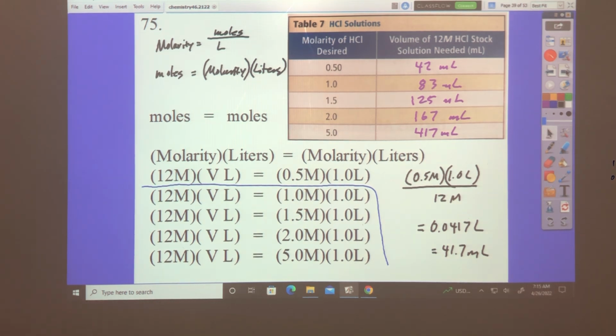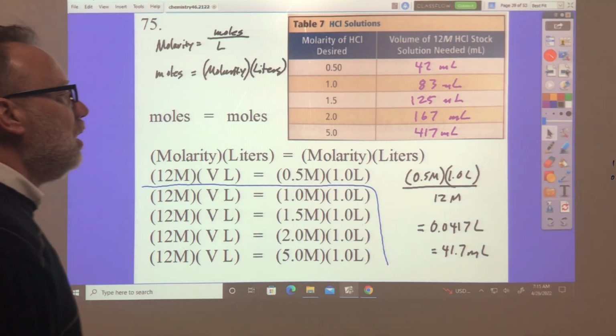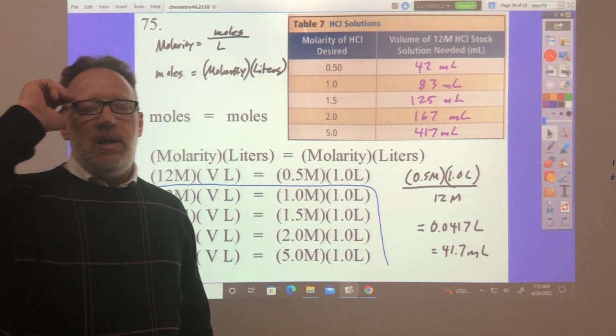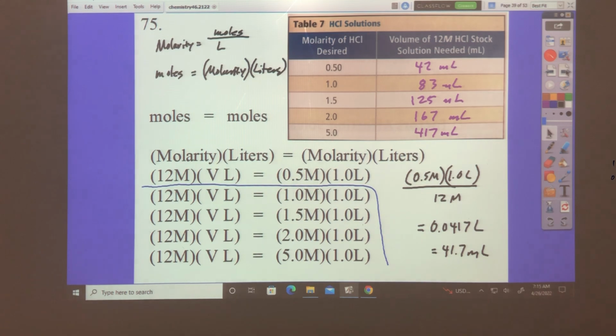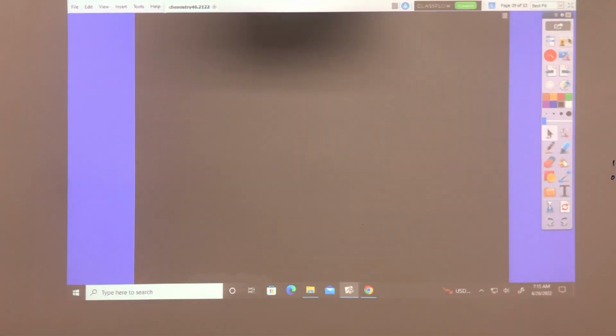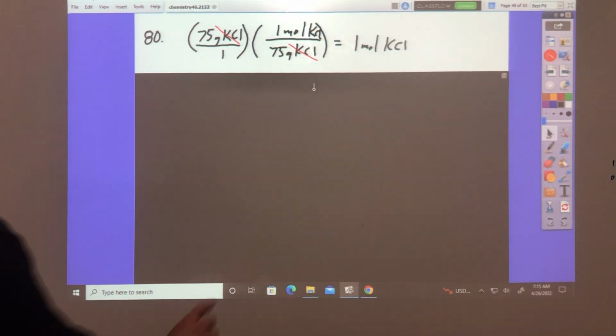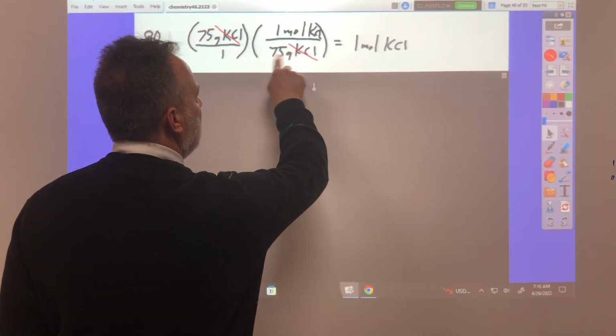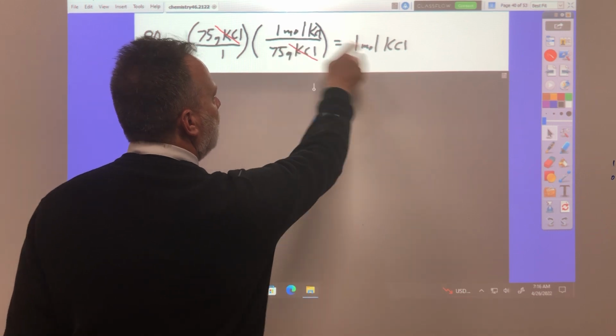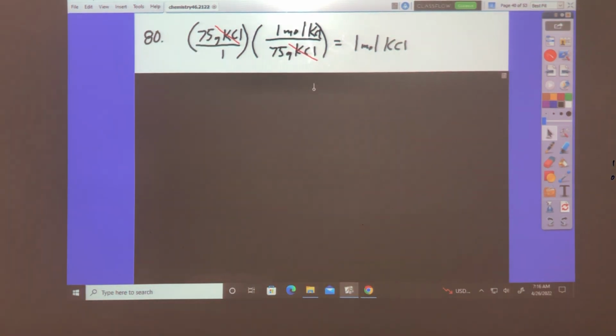80. What is the molality of a solution that contains 75.3 grams of KCl dissolved in 95 grams of water? First, turn your grams of KCl into moles. And 75 grams of KCl is about a mole, so we have about a mole of KCl.